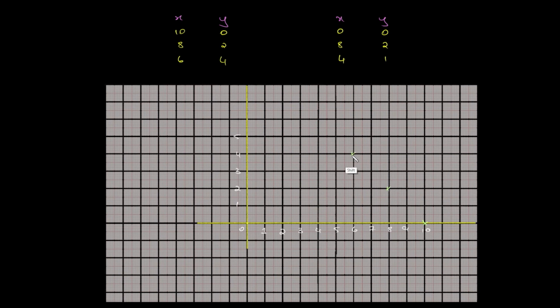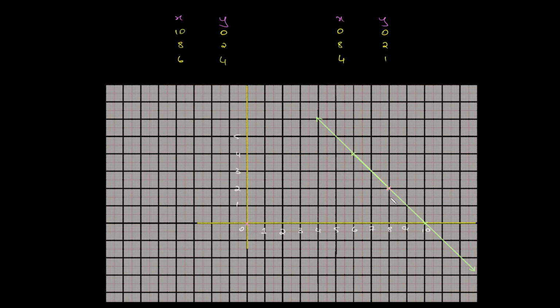So do extend them. Not doing a very good job of drawing actually. I marked it somewhere. Not that happy. Then (0, 0) and (8, 2).